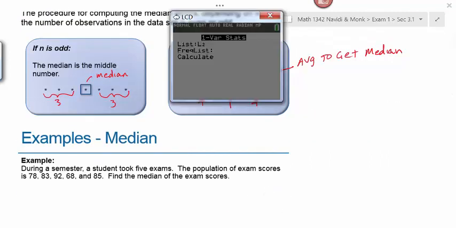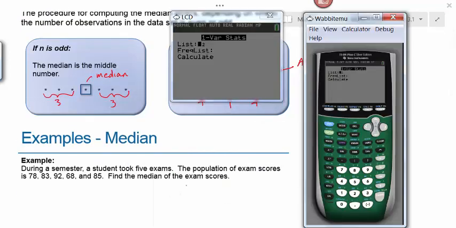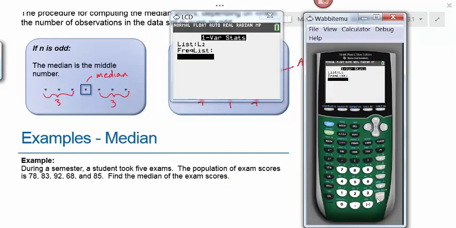Let's look at the data that we have on our calculator from the first example. I have my data in list 2, and if we hit calculate, this is from the previous example with the mean, using that data. You see that arrow right there on my screen? That means that there's more information below. To access that information, I just scroll down, and then at the bottom you'll see the median.